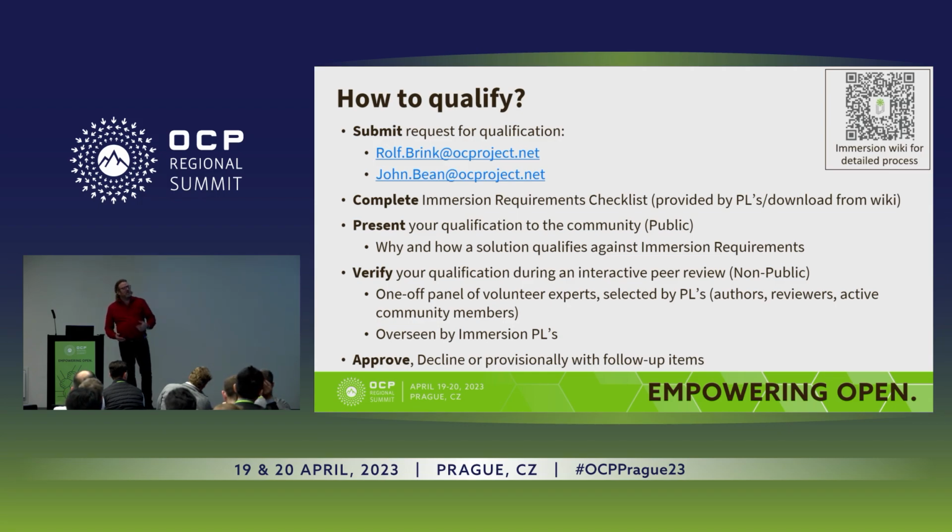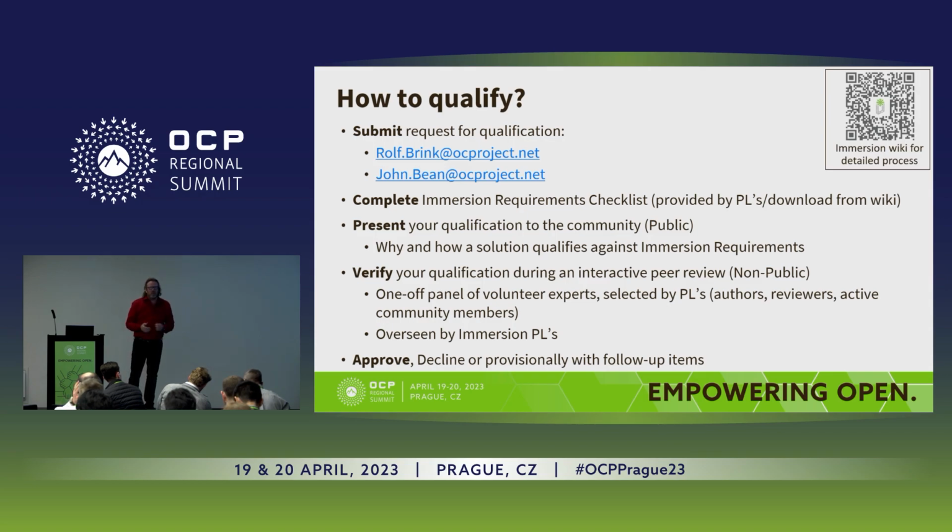You're going to be asked to present your qualification to the community with an outline of why and how you comply with the requirements that are set out. We do have a panel approach to that as well, which we would want you to go through, which includes the authors of the requirements documents, where we can apply a peer review, ask certain questions, where you can also ask questions about, hey, am I compliant with this the way that it was intended?